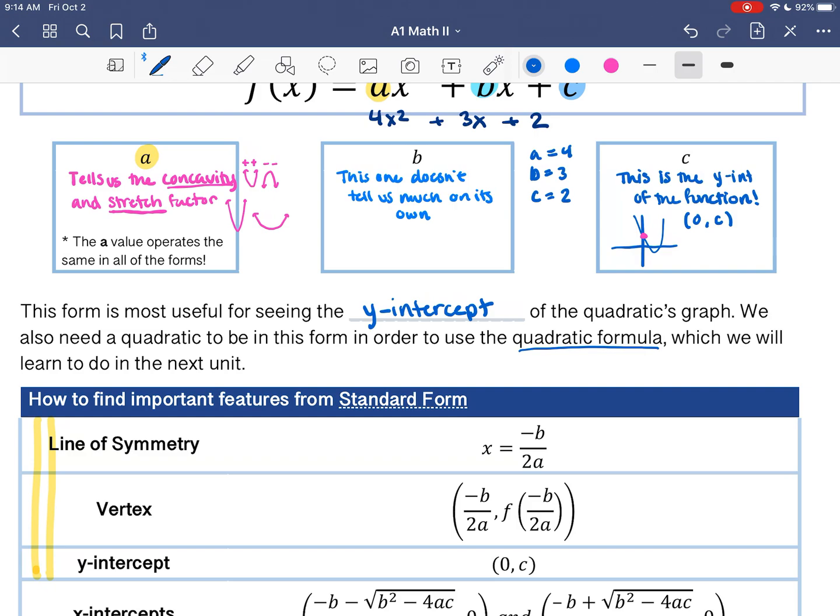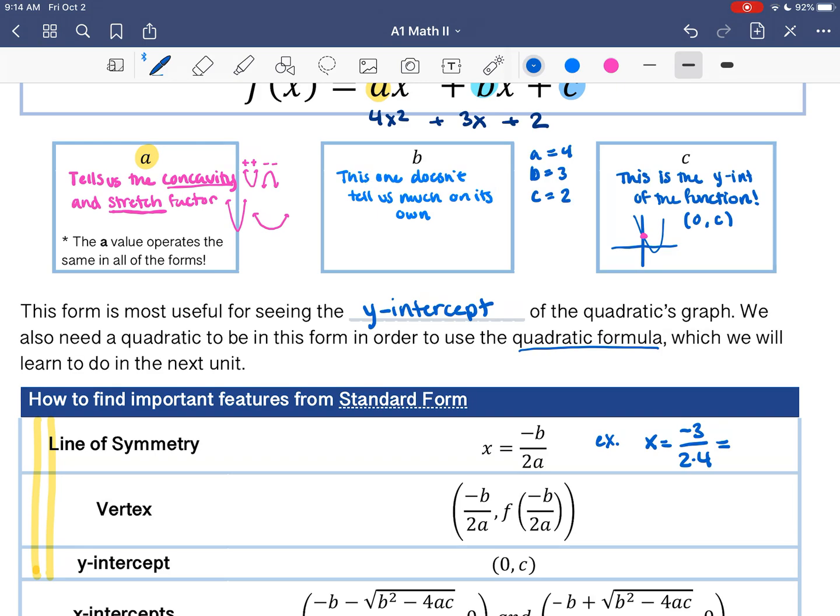So we would use those values in our equations. For example, for the line of symmetry, we could put negative b, which in our case is 3, so negative 3, over 2 times 4, which is our a value. And that would give us the line of symmetry.